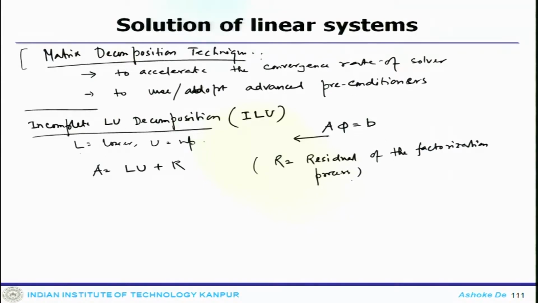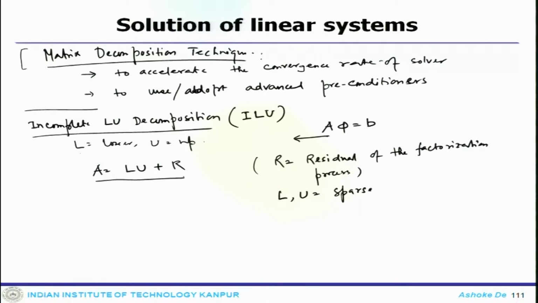The matrices L and U are also sparse. Being sparse, they are easier to deal with, and they are obtained from a complete factorization, but the product is only an approximation to A, which will also necessitate an iterative solution procedure for this system.